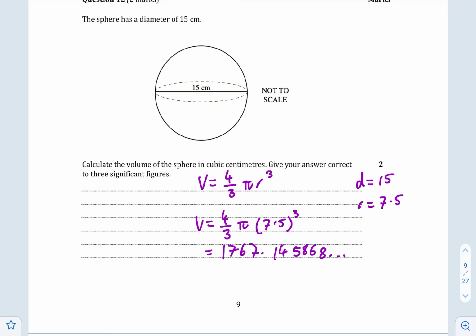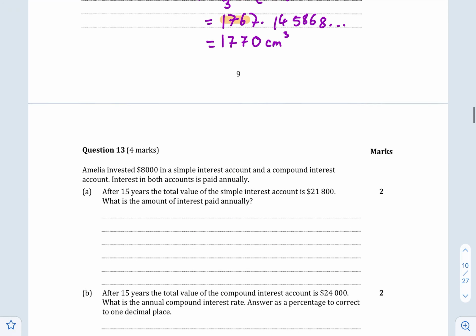I like to do a couple of dots because I'm assuming it keeps on going. Now the three significant figures is the first three non-zero digits rounded. So it's going to be 1, 7, and then the 6 becomes a 7, and then I finish with a 0 as a placeholder for the ones. And that's in centimeters cubed. That's question 12.